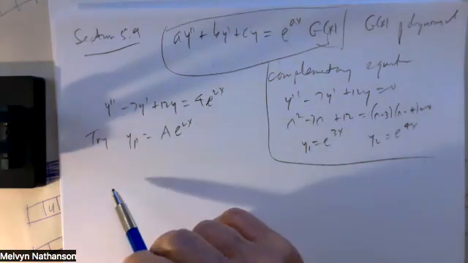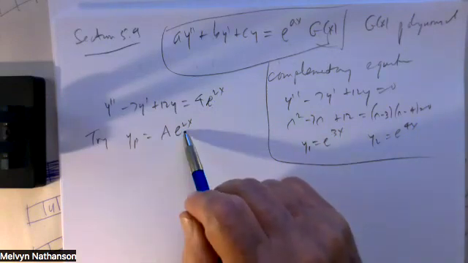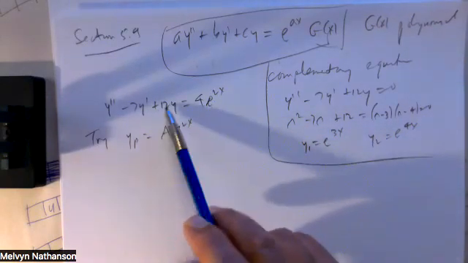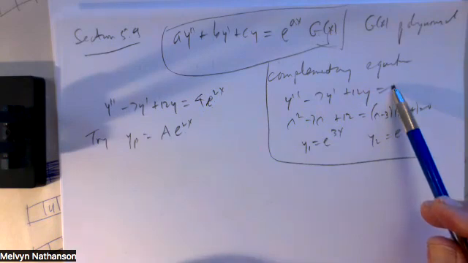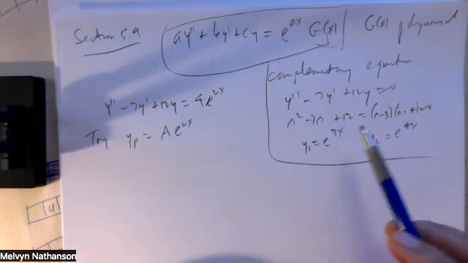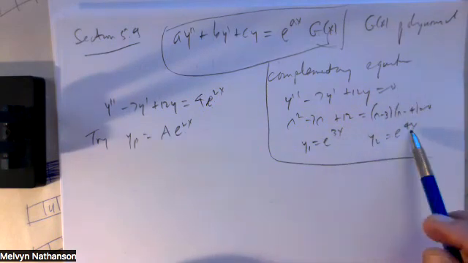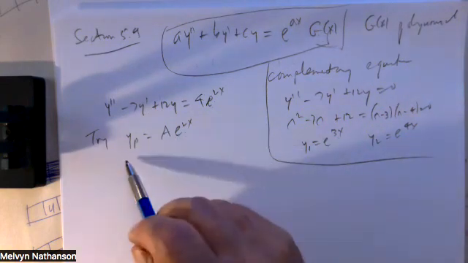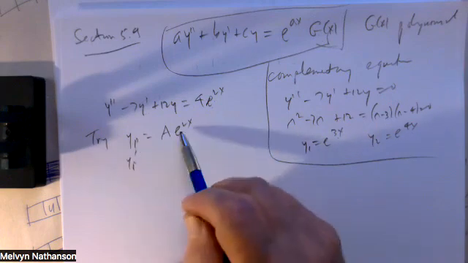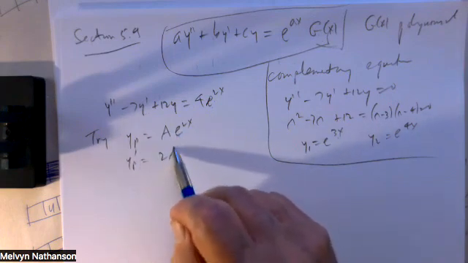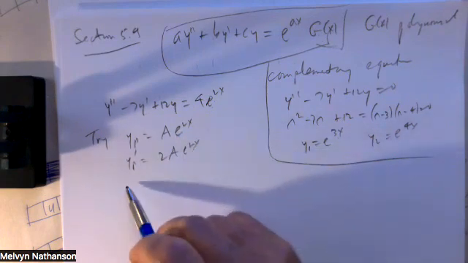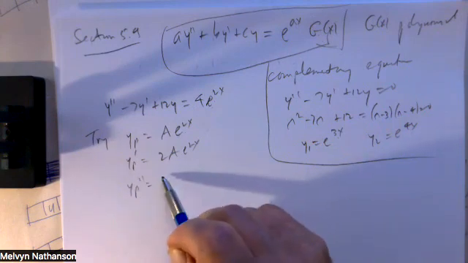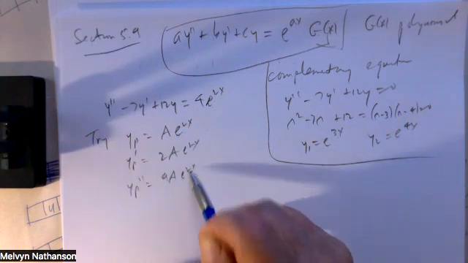Notice e to the 2x is not a solution of the complementary equation. The solutions of the complementary equation are e to the 3x and e to the 4x, not e to the 2x. If this is our function, the first derivative is 2a e to the 2x, and the second derivative is 4a e to the 2x.